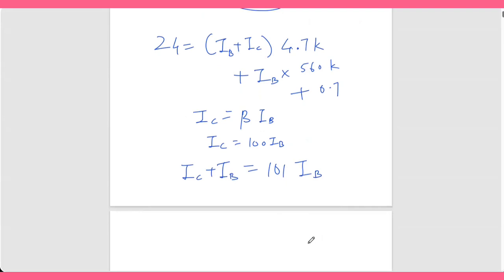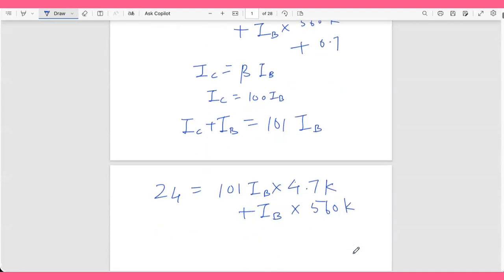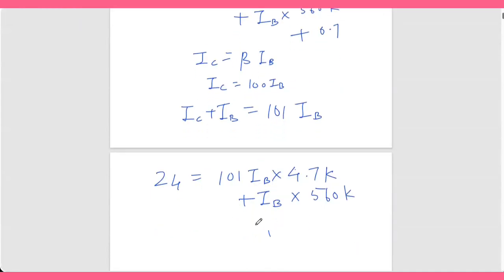So 24 equal to 101 IB into 4.7K plus IB into 560K plus 0.7.